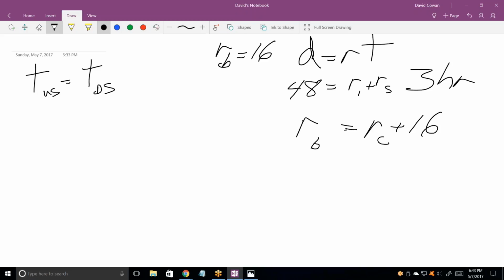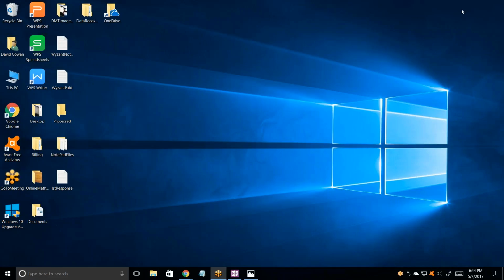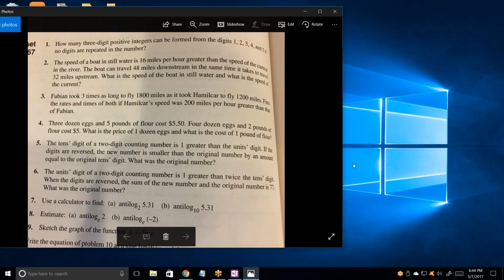The only distance is the distance upstream equals 48. The distance downstream equals 32. You with me? Yes. Let me reread the problem, make sure I'm not off.